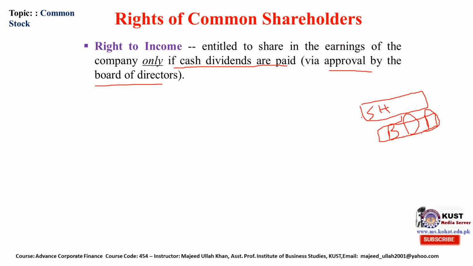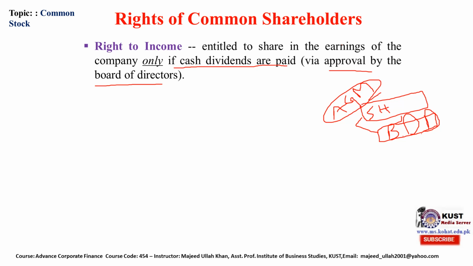This election is at a properly convened meeting, the AGM, the annual general meeting. This is the forum in which the shareholders cast their vote and elect the board members.